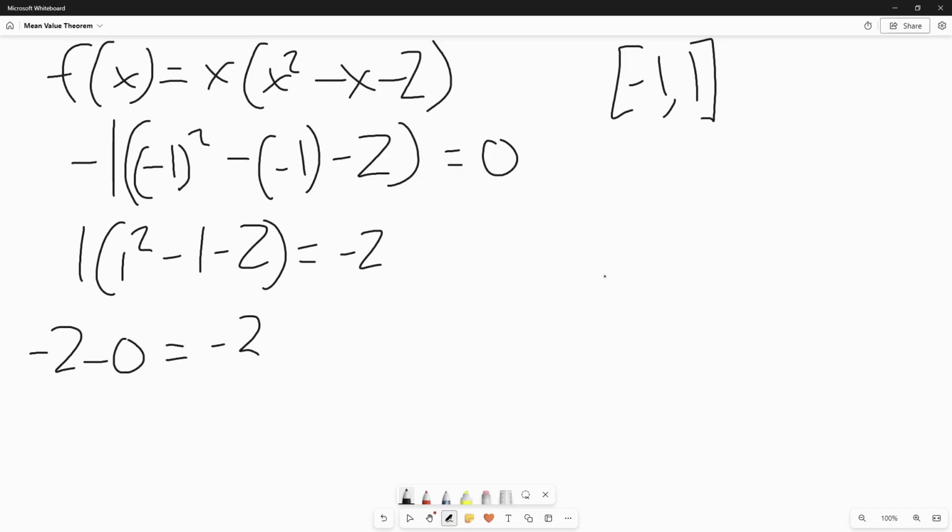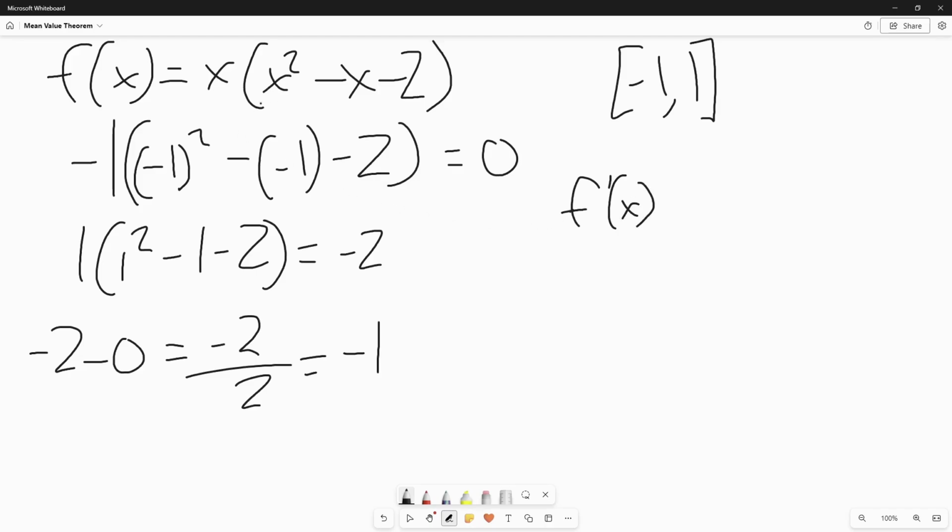And the run is much easier. You just find the difference between these two values, which is 2. So the rise over the run is -1, which is your slope of the secant line. And we can use the slope to find the x values that have the same slope in this interval. To do that, we need to find the derivative, or f prime of x.